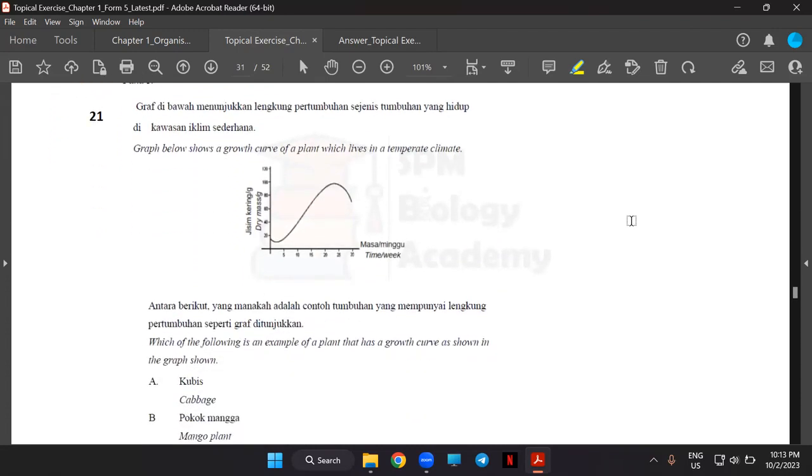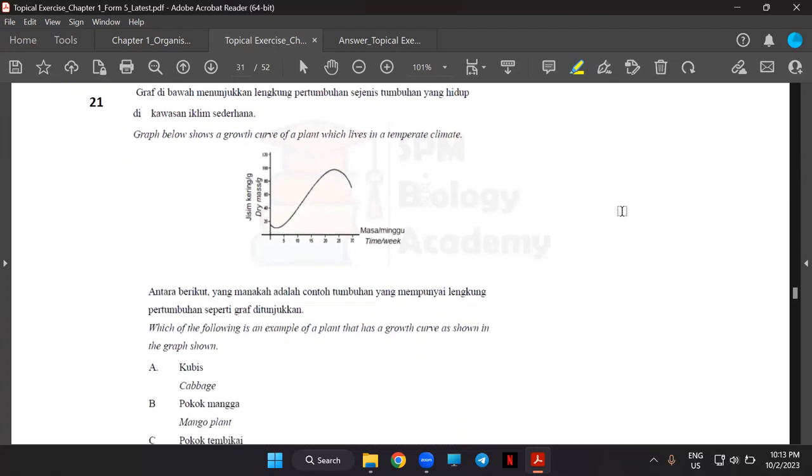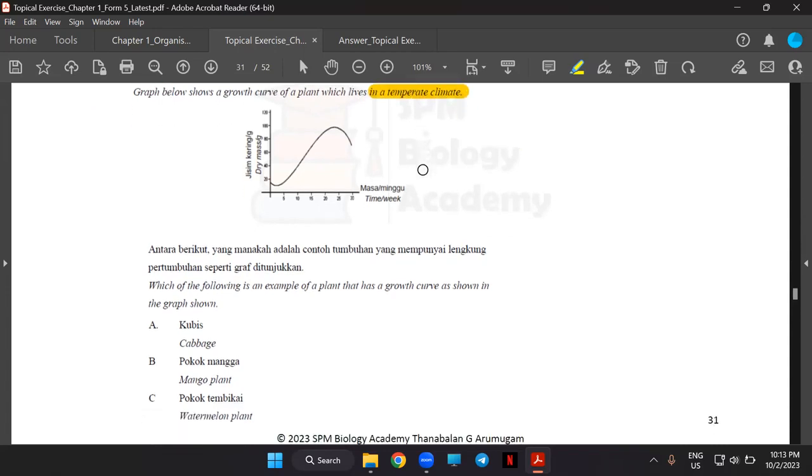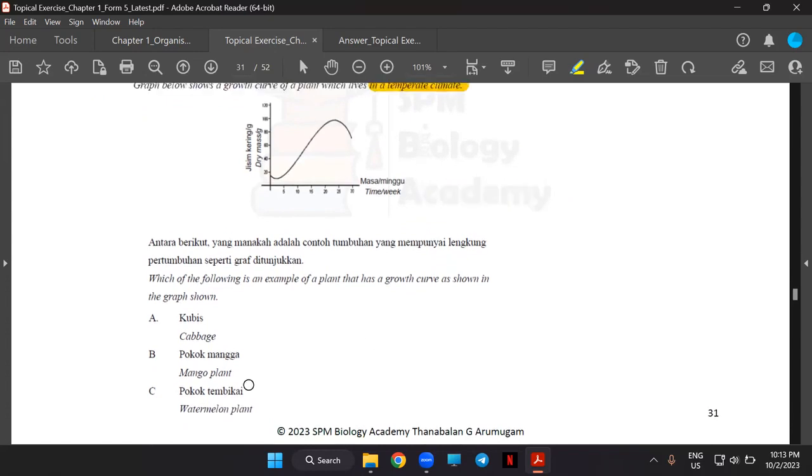Okay. Graf di bawah menunjukkan lengkung pertumbuhan sejenis tumbuhan yang hidup di kawasan iklim sederhana. Graph below shows a growth curve of a plant which lives in a temperate climate. Okay. Antara berikut yang manakah adalah contoh tumbuhan yang mempunyai lengkung pertumbuhan seperti graf ditunjukkan?